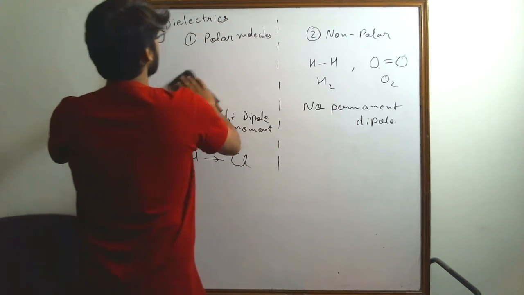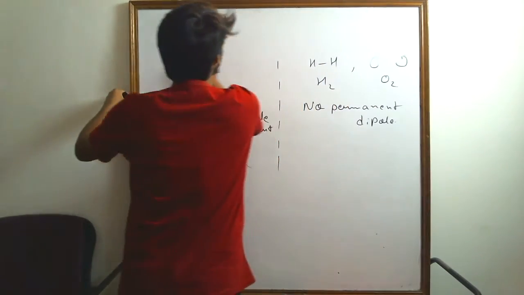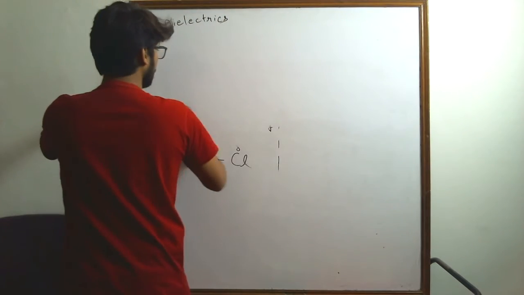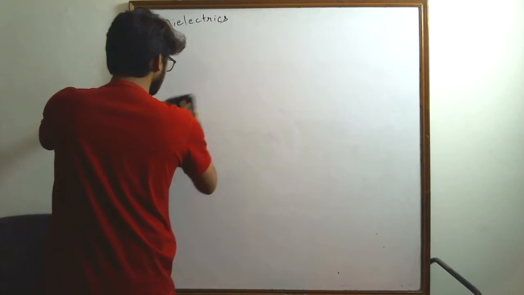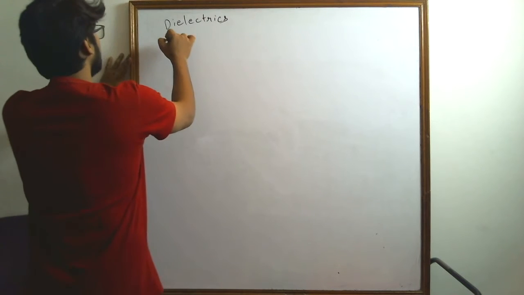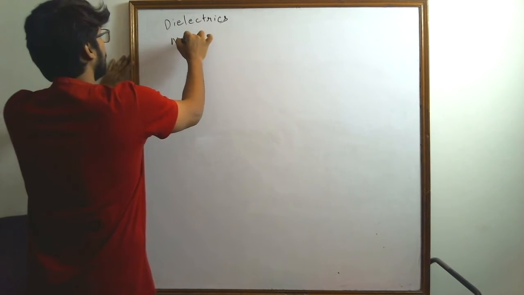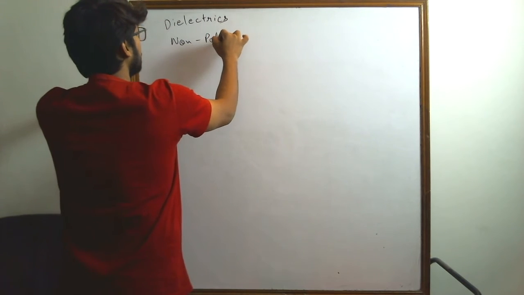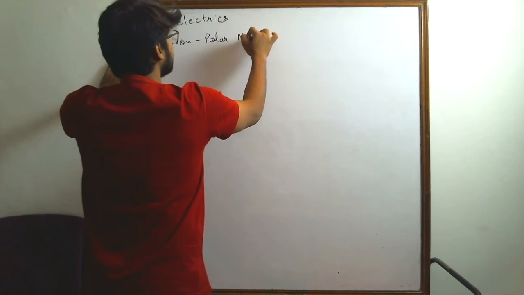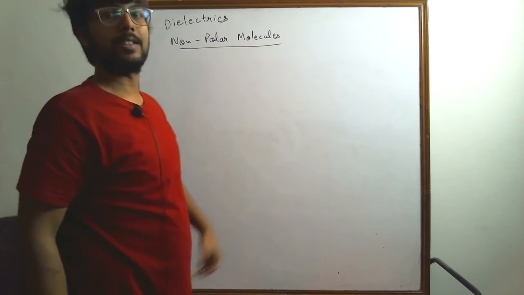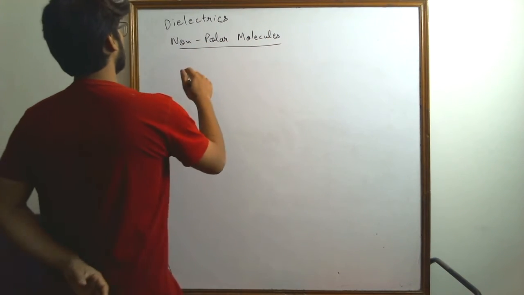Let's first discuss what happens to non-polar molecules in an external electric field, and that is what we'll cover in this video. In the next part, we'll cover the polar molecules and the rest of the dielectric polarization.